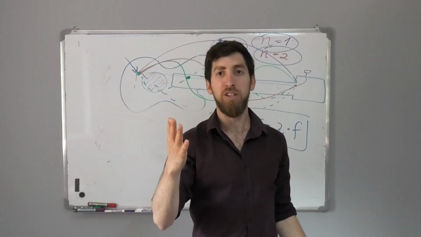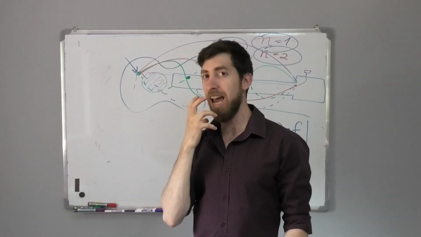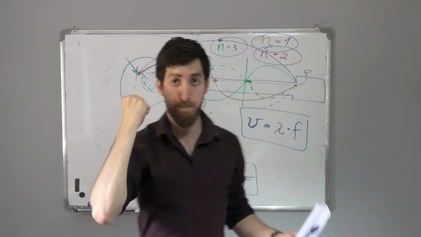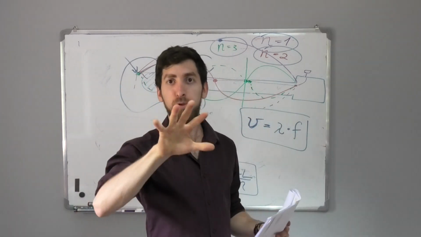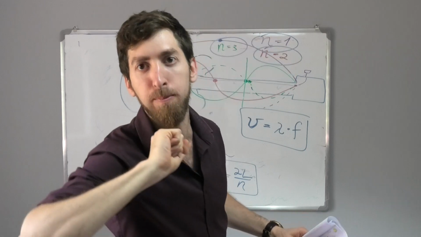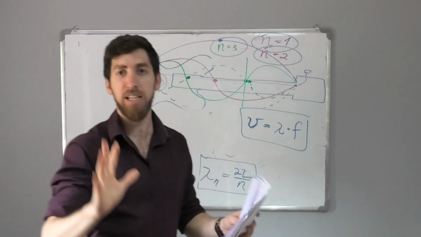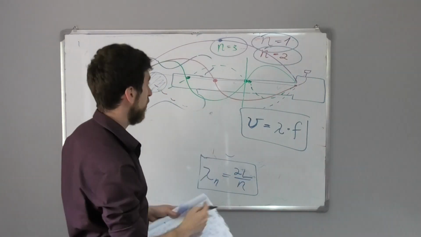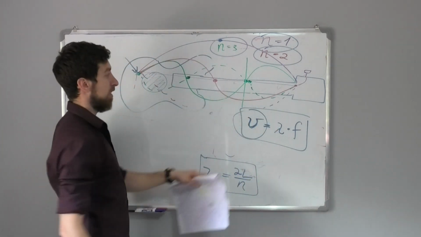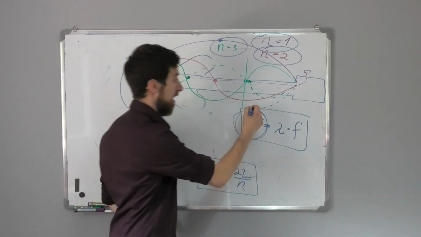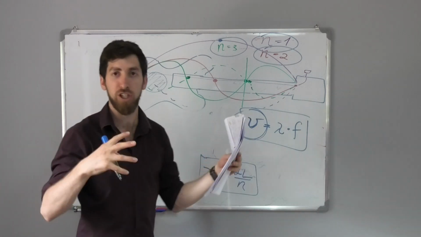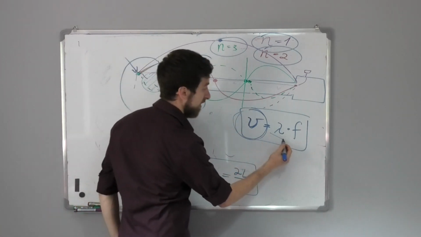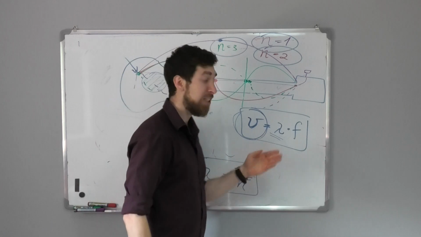If I'm shouting at you, I introduce a pulse of energy, and it moves through the medium of air until it gets to this microphone. That's what a wave is all about. So this is the velocity of the propagation of the phenomenon, the propagation of the energy that I put in the medium. This tells me how it looks.